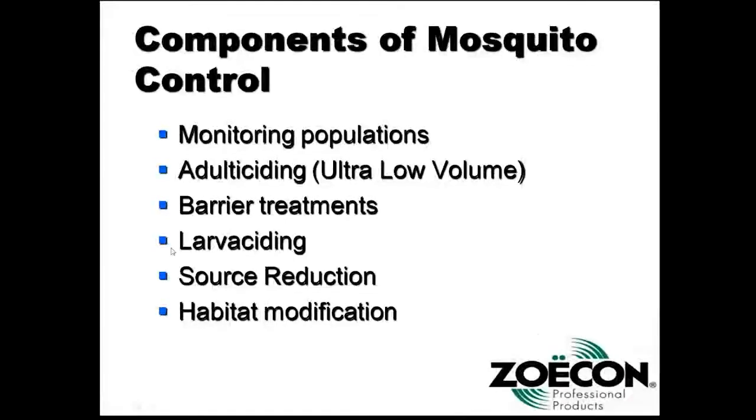Larviciding, this is the big component of municipal and public land mosquito control. It's treating water with a larvicide that keeps the mosquitoes from emerging, or kills them in the water. Source reduction would be modifying your habitats, and that would be anything from filling low spots on property to ditches to helping areas drain, and habitat modification.